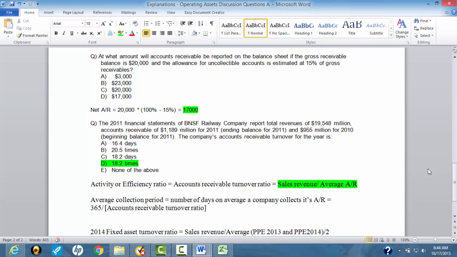Now, how do we calculate the account receivable turnover ratio? It is sales revenue divided by the average account receivable. Recall that account receivable is a balance sheet account, so we do the average. Now, for BNSF Railway Company, total revenues, that is sales revenue, is 19,548.